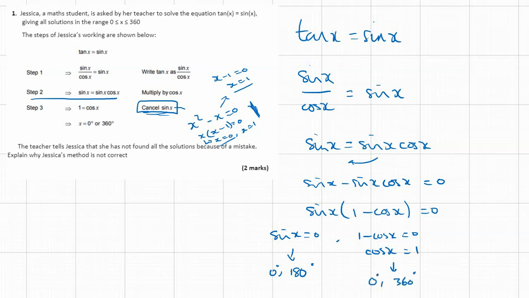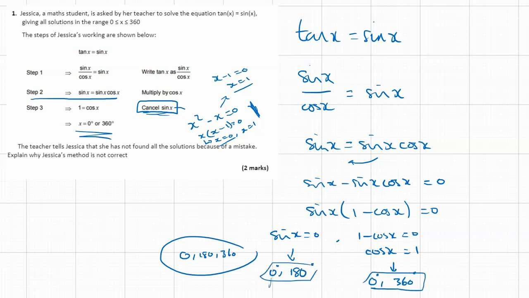So my solutions would be 0, 180 and 360. We can see she's missed out the 180 because she'll have just got these two solutions here and she wouldn't have got these two. This one being overlapped, but she'll have missed the 180. So what has she done wrong? Well, she shouldn't have cancelled out the sine.